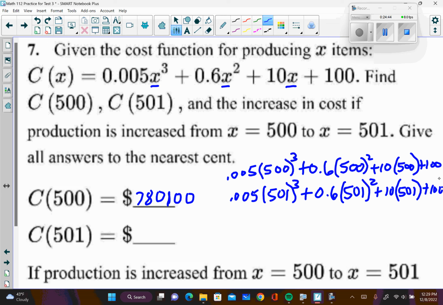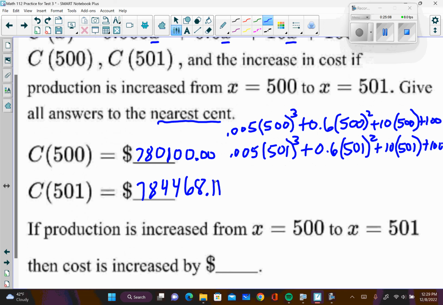And that comes out to be, to the nearest cent, 784,468 and 11 cents. By the way, this one up here was 780,100 and 0 cents.